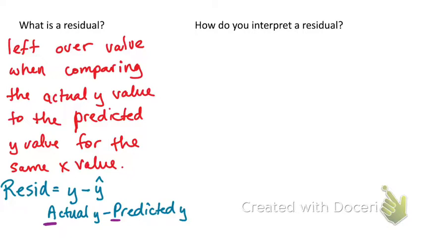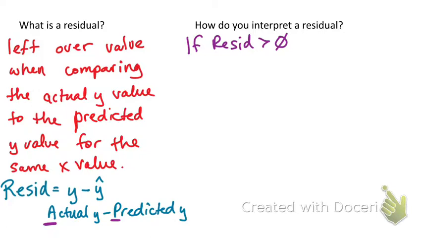All right, now how do I interpret a residual? This is on your interpretation sheet. You'll notice there's no italicized words. That's because there's not really a format, but I am going to tell you guys how this kind of works. So if your residual is greater than 0, so if you have a positive residual, that means when you took the actual Y value and you subtracted the predicted Y value, you got a positive number.